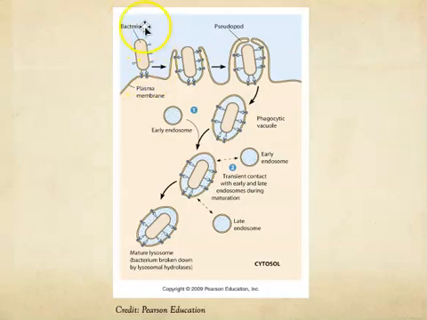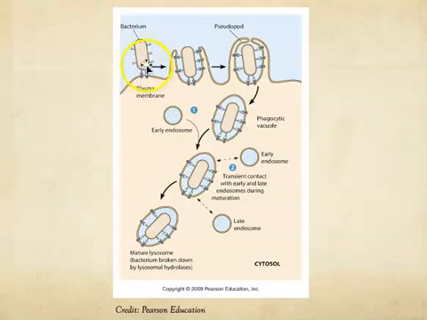And this bacterial cell, which has proteins on its membrane, is going to come and interact with proteins on the plasma membrane. This is a very sort of non-specific interaction. In other words, the proteins on the plasma membrane are not receptors for this particular bacterial cell.